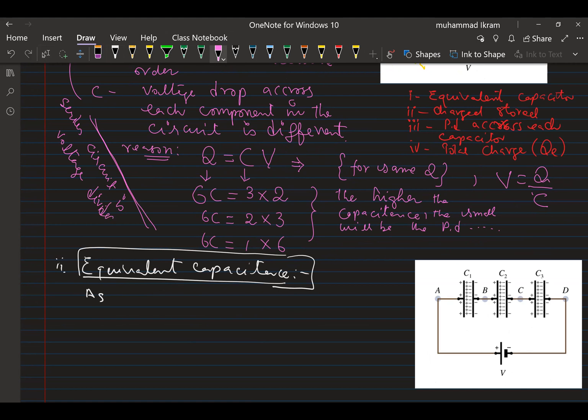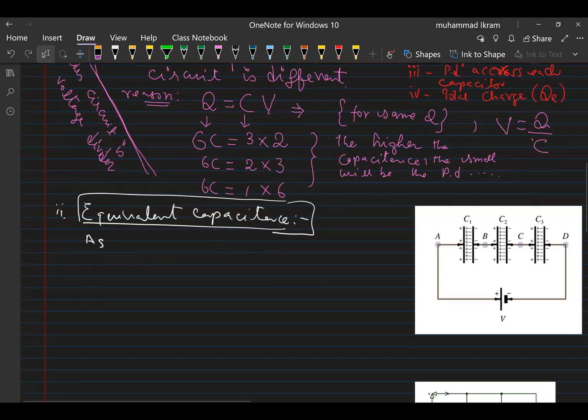This is the summary. Now here, since this is a voltage divider circuit for series, I label this as the V equivalent.